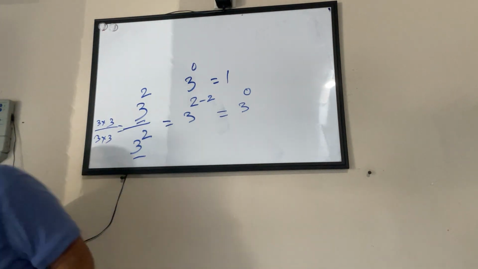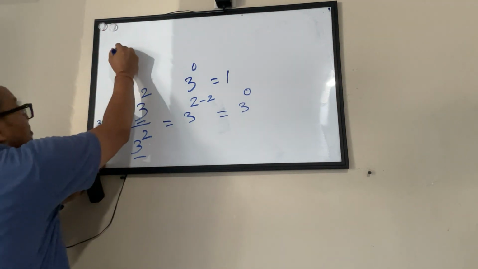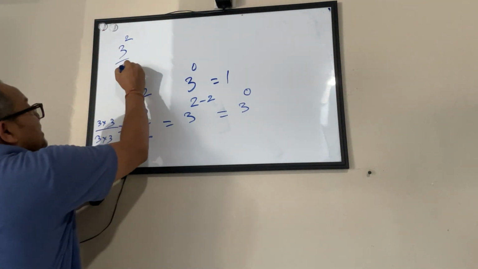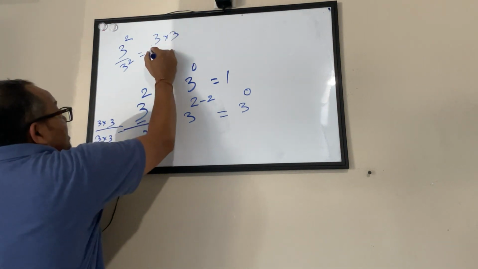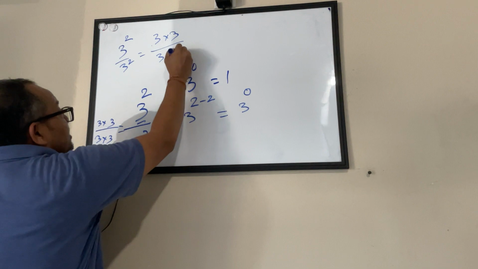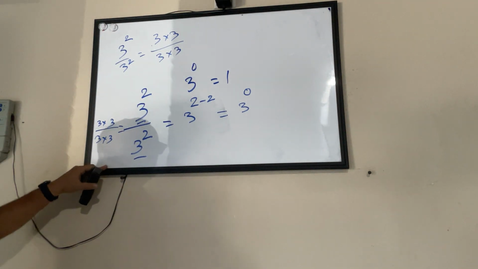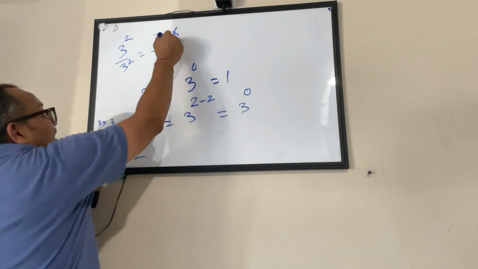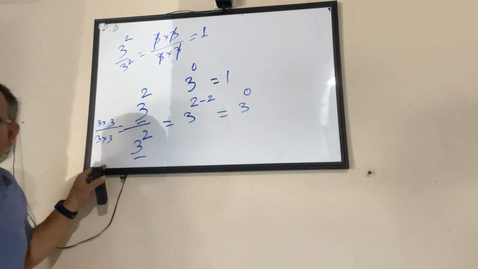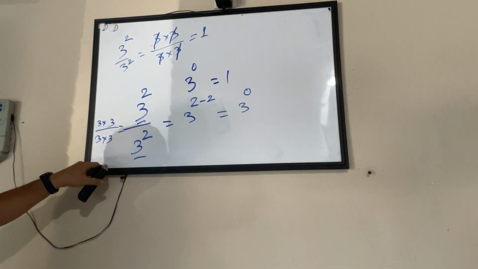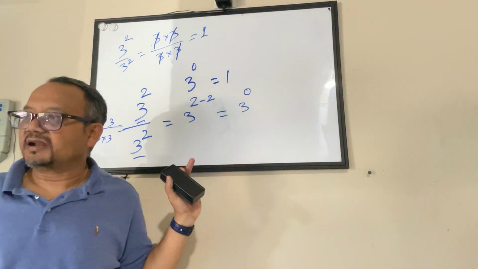I'm saying 3 to the power 2 divided by 3 to the power 2 is 3 into 3 in the numerator, 3 into 3 in the denominator. Correct? If I do tic-tac-toe, everything gets knocked off. That is 1. Yeah? Correct or not correct?